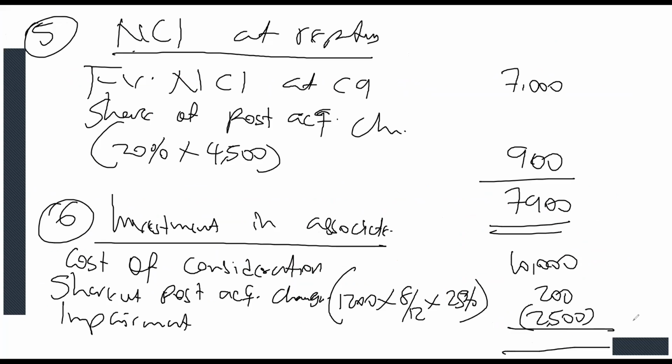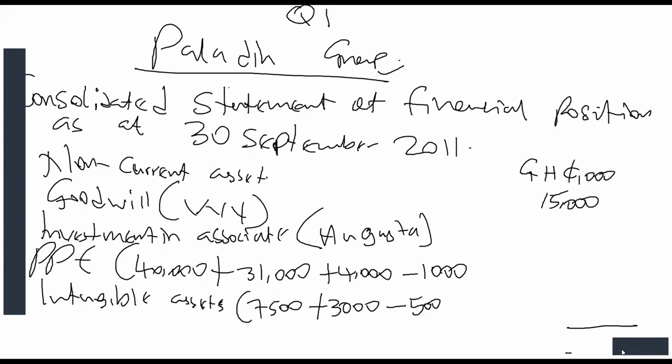It ends there: 7,700. Straight to the statement of financial position. 7,700. Working number 6: 7,700.